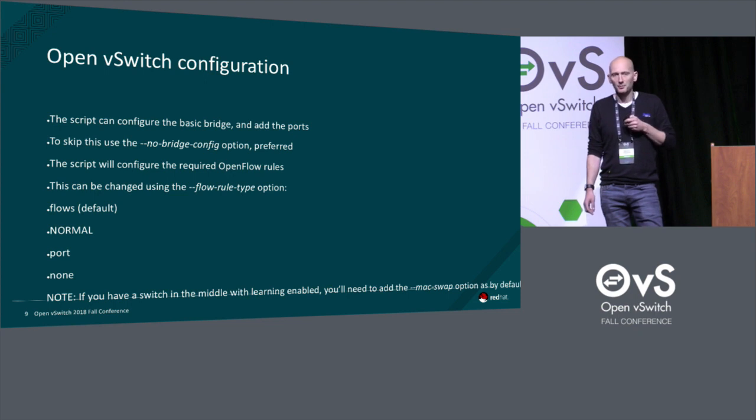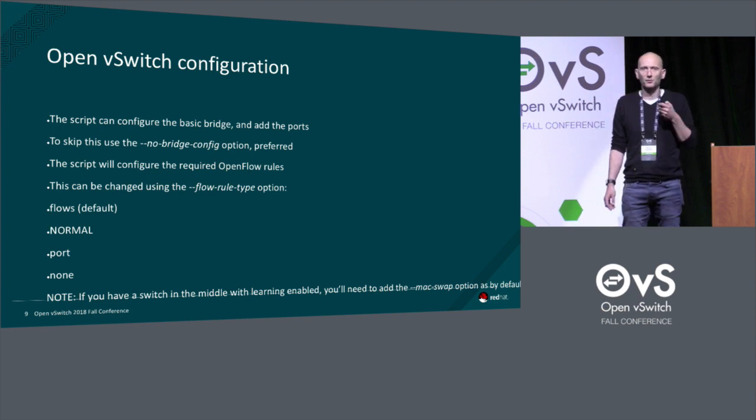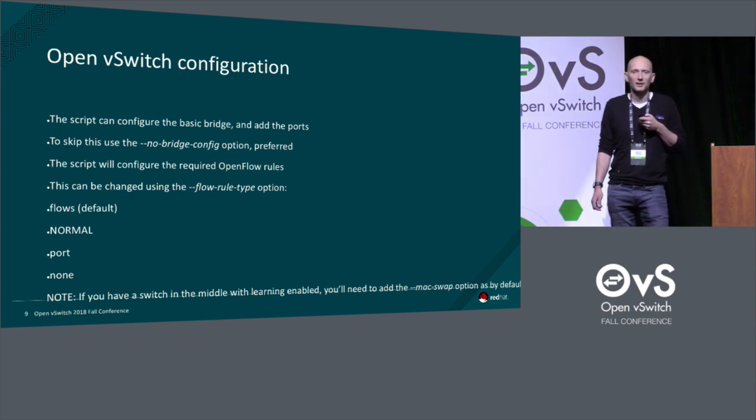From a configuration perspective, it doesn't have to touch any of the bridge configuration in your setup, which is useful, so you can set it up as you like it and it doesn't change anything. The only thing it does do for you is it creates the OpenFlow rules. Currently there are 4 options. The default one is flow, so it will create a /32 or a full mask flow in each direction.